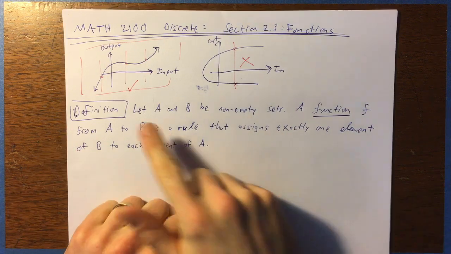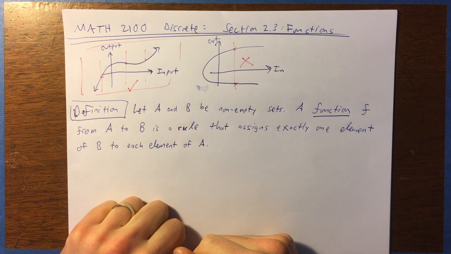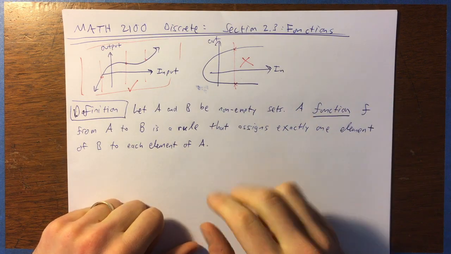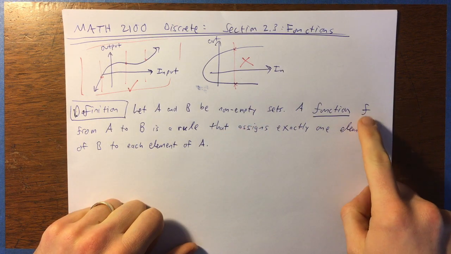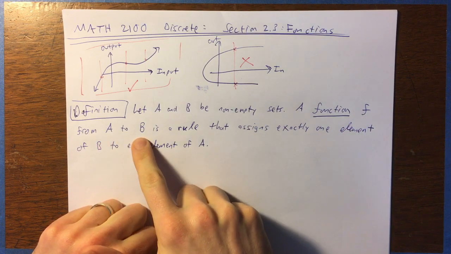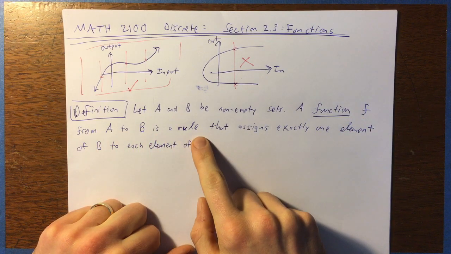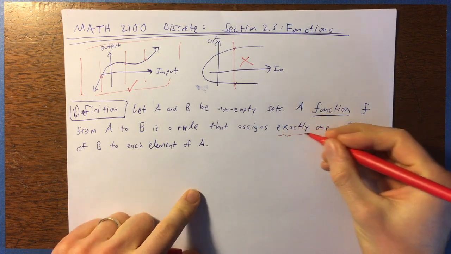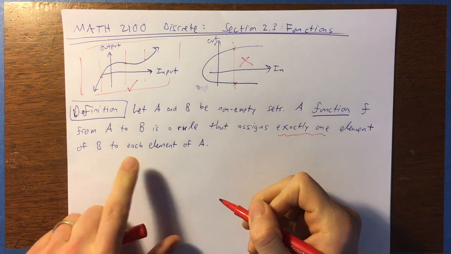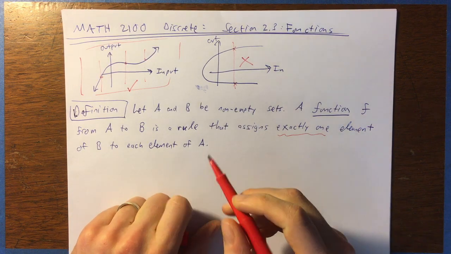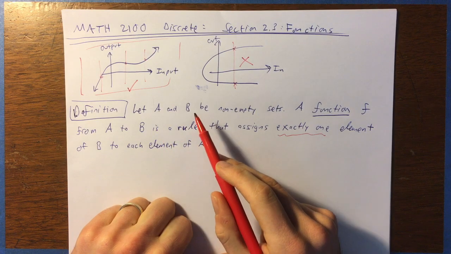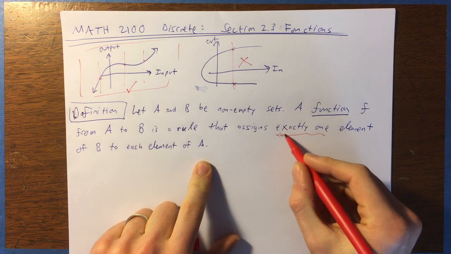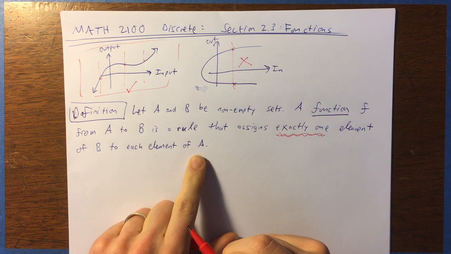It goes like this: let A and B be non-empty sets. It could be two different sets. It could be the same set taken twice. Anyway, you have A and B, which are non-empty sets. A function f from A to B is a rule that assigns exactly one element of B to each element of A. So the elements of A are your inputs and the elements of B are your outputs, and it's assigning outputs to the inputs, and it can assign exactly one output to each input.